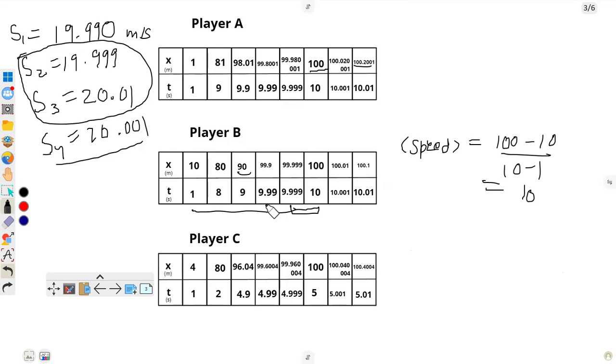So let us take from t is equal to 9.99 to t is equal to 10, and we find that, okay, let me just erase this data.